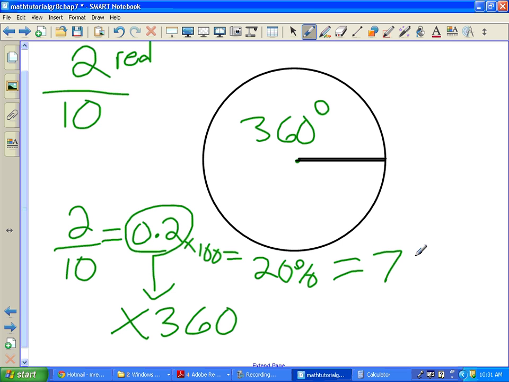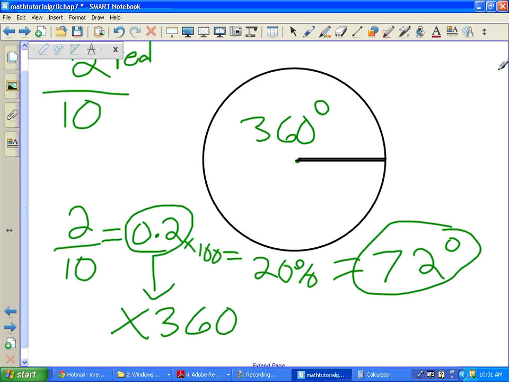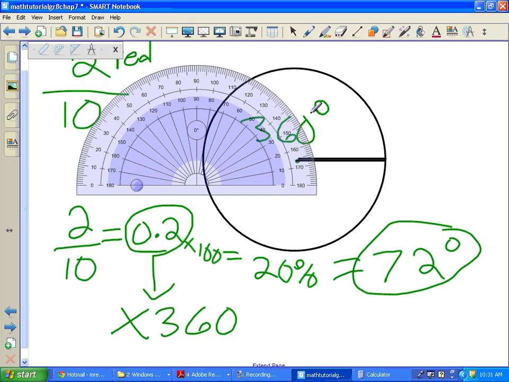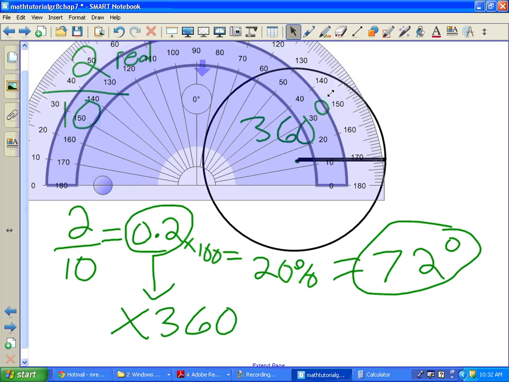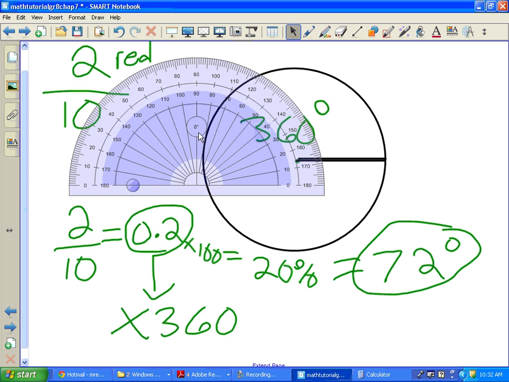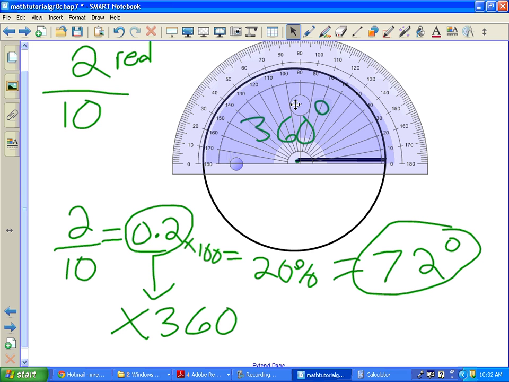is 72 degrees. So if I wanted to draw how much was red, I'd simply take my protractor, and with my protractor I would have to measure out 72 degrees. There we go. So let's move him on over here.